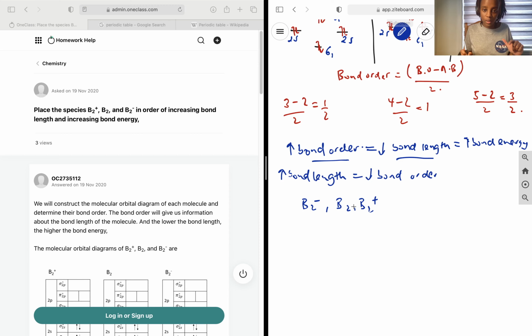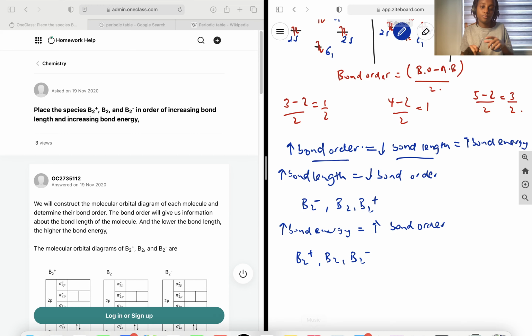So 3 over 2, 1, 1 over 2. And if we want an order of increasing bond energy, that would mean increasing bond order. So it would actually flip. So we go from 1 over 2, so B2 plus, B2, B2 minus. And that's it.